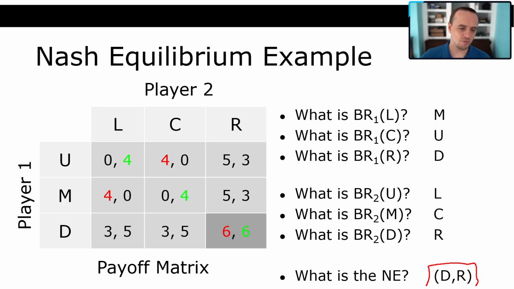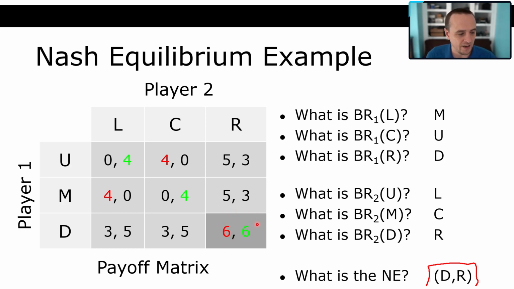A Nash equilibrium is not the best possible action for one player. Okay? A Nash equilibrium does not say that the choice you should make as player 1 is down. It does not say the choice that you should make for player 2 is right. It doesn't say anything about the overall best possible choice that you should make. It just says that here at down right, both players are best responding to each other.